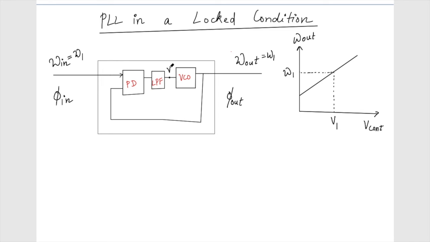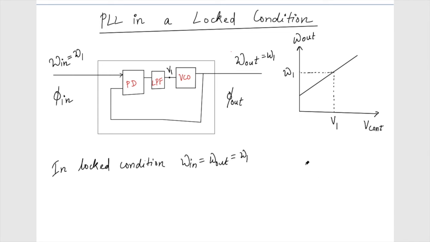So V1 is required for the VCO to oscillate at a frequency of omega 1. Of course, in lock condition, omega in is equal to omega out is equal to omega 1.